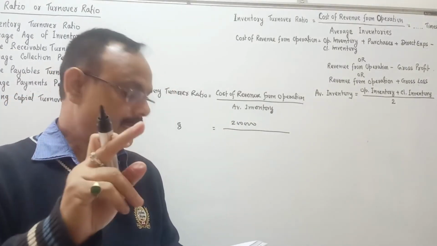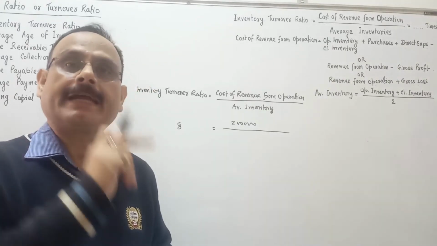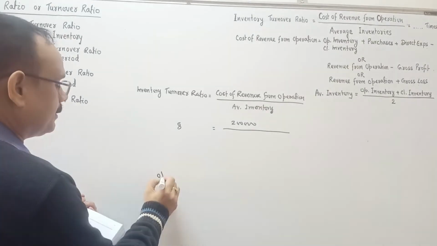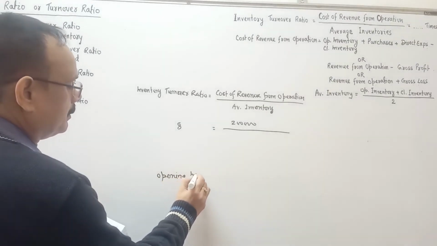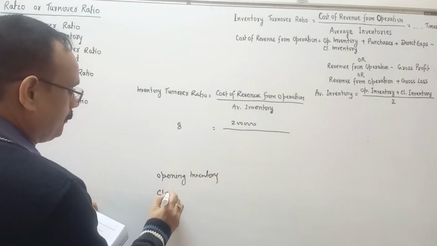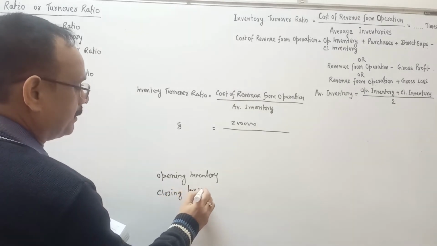Inventory at the beginning is 1.5 times more than inventory at the end. The information regarding the two inventories, opening inventory and closing inventory, is given in a different way.